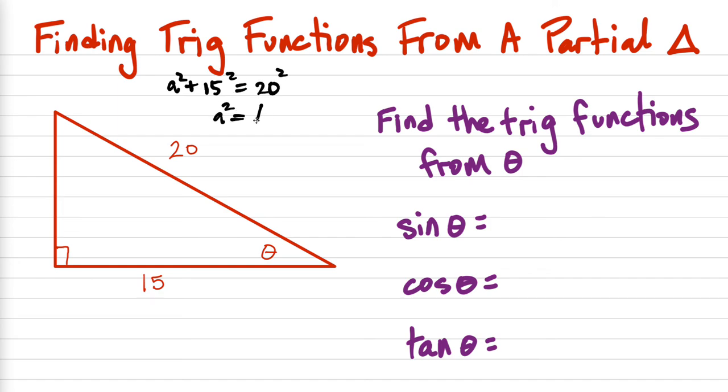So 400 minus 225, I think. Yes, 225. So A is square root of 175, which is not a great answer. But that's okay. I'll just write that.